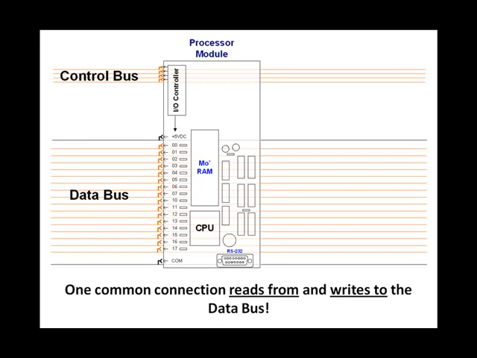Most PLCs use this scheme for managing the collection of the state of input devices and for controlling the output devices. The active backplane, called so because the processor activates one slot at a time.